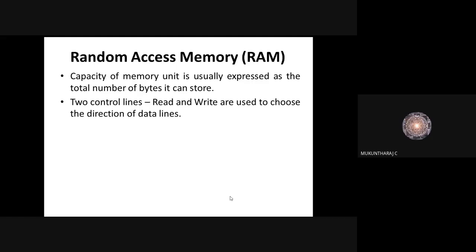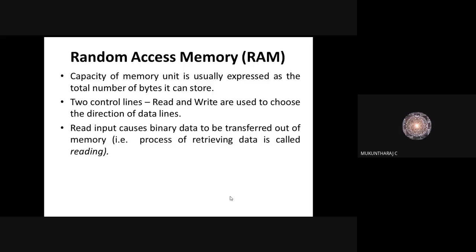Two control lines help to decide the direction of data lines. It is going to be a read or write into the memory, right? The read input causes binary data to be transferred out of the memory. Read means we are taking the data from the memory unit.